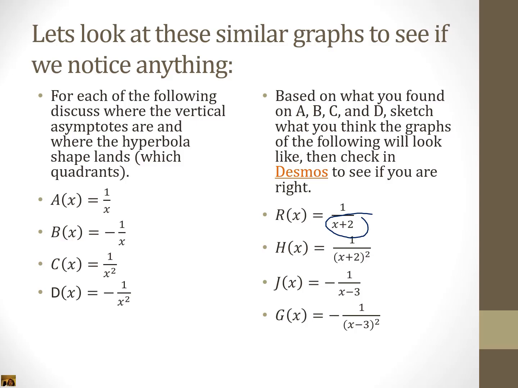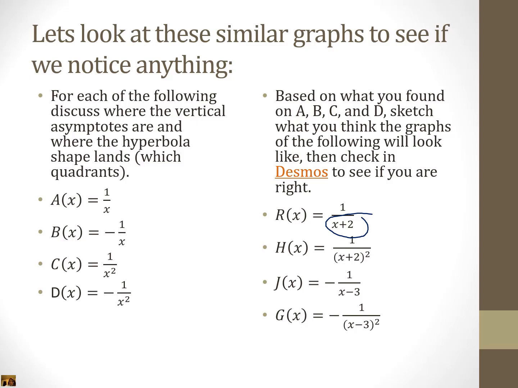Since this function is very similar to A of x, once you put that vertical asymptote in, along with your x-axis, it kind of divides things into quadrants, and your hyperbola shape should have shown up in the first quadrant type area that's getting divided and your third quadrant type area.